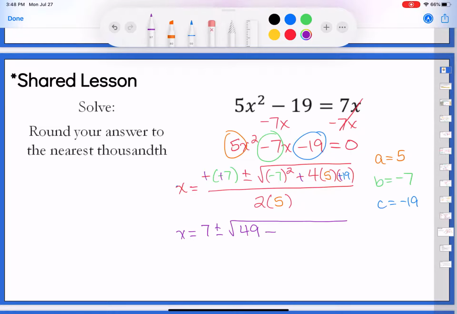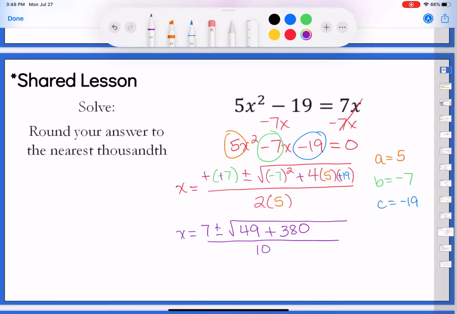So it's going to be plus 4 times 5 is 20. 20 times 19 would be 380, divided by 10.